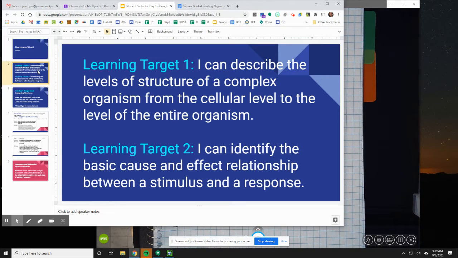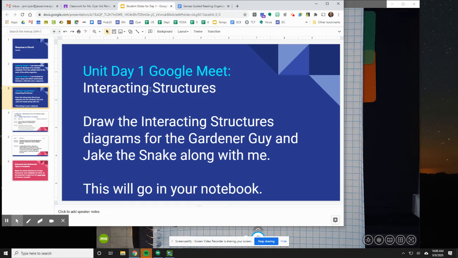We will really start with Learning Target 2 when we get into our lesson today, and then we'll move to Learning Target 1 because it makes a little bit more sense that way. It works a little bit more easily. So what we're going to do today is work on interacting structures.